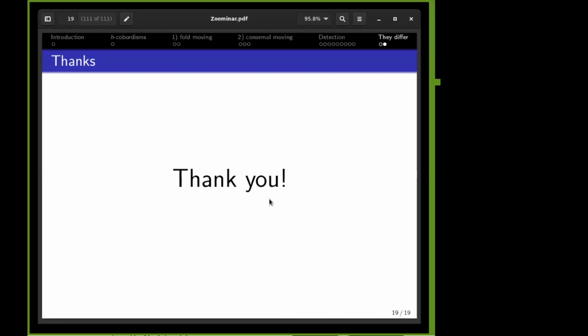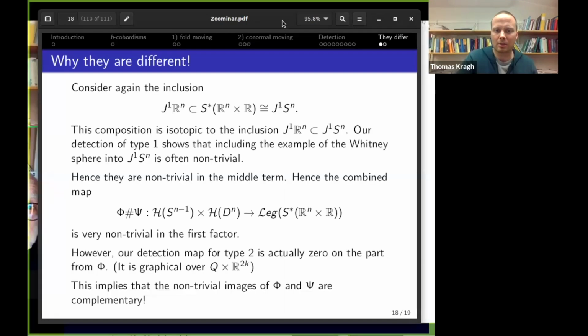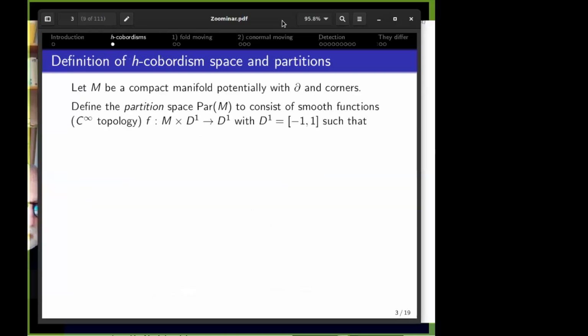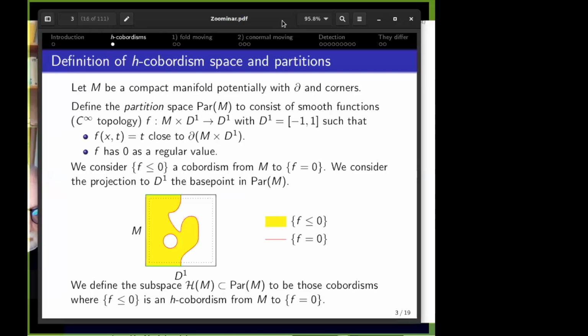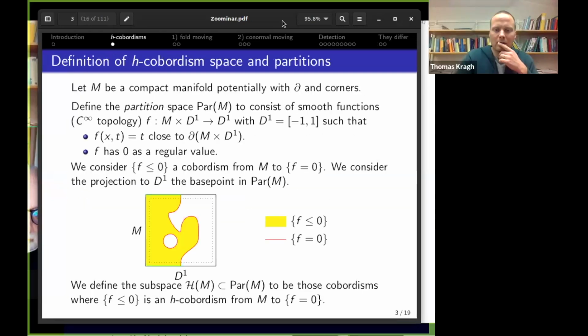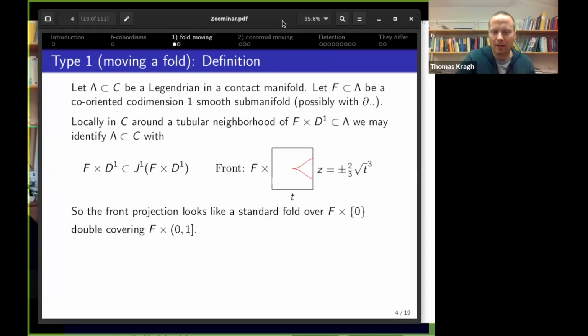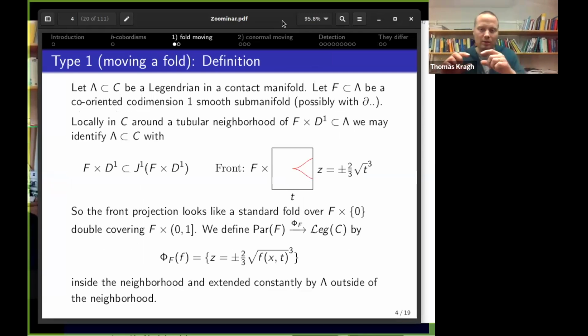So when you do this fold moving, you assume that the singularities are exhausted by folds, right? What singularities? Of the front projection? The front projection. So in the first description, here I'm just looking locally at the front. I'm not doing anything away from it. So the front is sort of isolated, right?